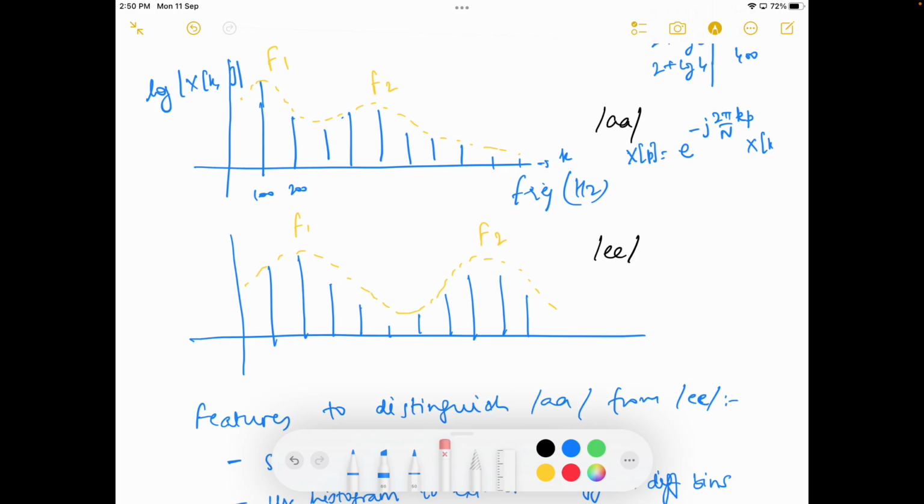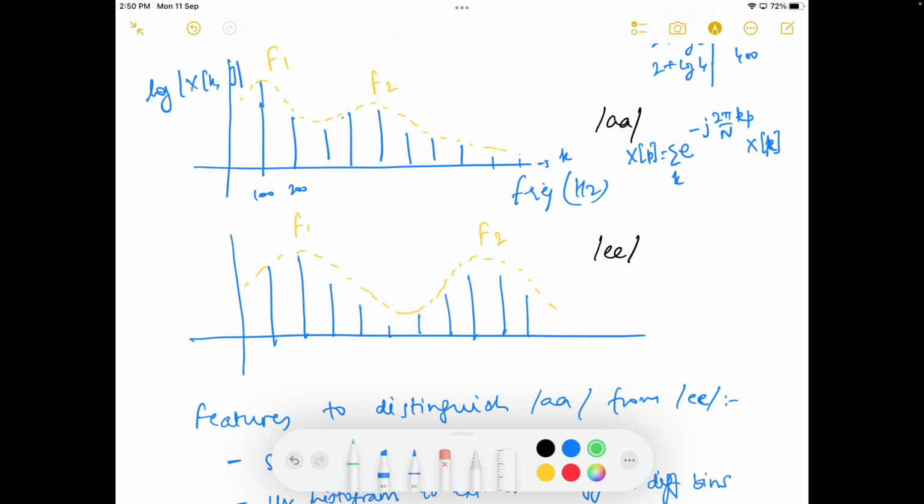M is not required, single spectrum only. Summation over k. Right, this is my Fourier transform. I have to multiply my x with a sinusoidal signal, and this sinusoidal signal has a frequency p by capital N. K is the running index here. So which means this is my xk.